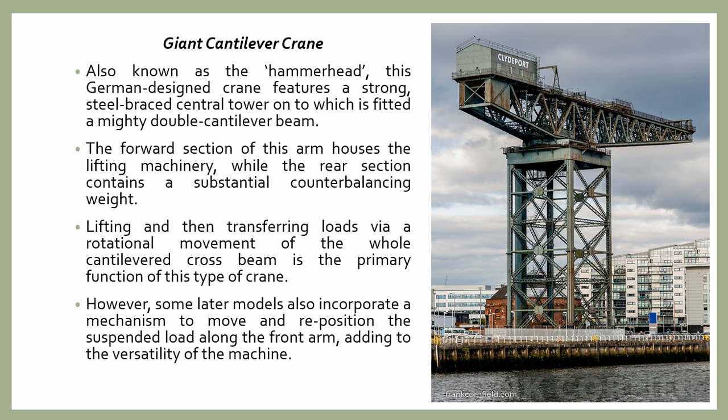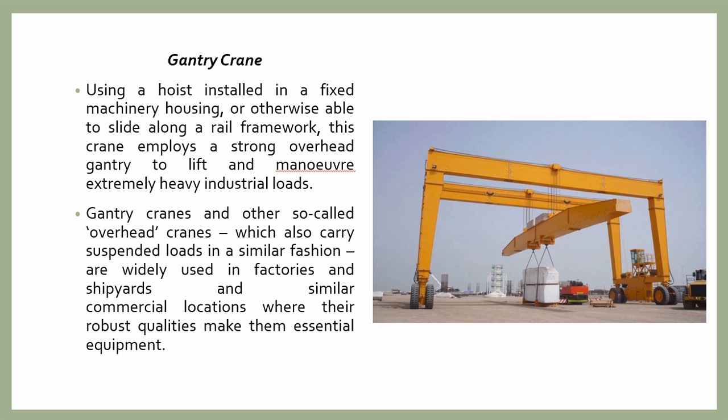Now coming to the next kind of crane, which is called the gantry crane. This basically uses a hoist installed in a fixed machinery housing, or otherwise able to slide along a rail framework. These cranes employ a strong overhead gantry to lift and maneuver extremely heavy industrial loads.